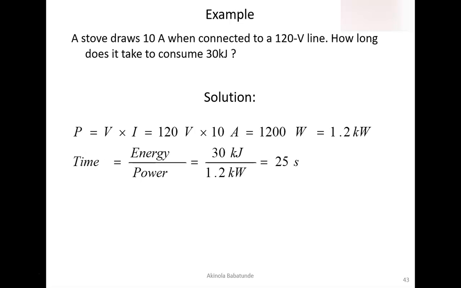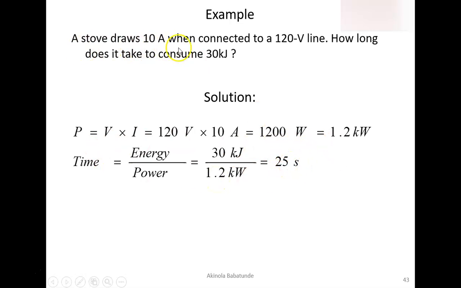So we can also say that 1 joule will be equal to 1 watt times seconds. So since we have 30 kilojoules here, these joules can be replaced with watt seconds. So we can have 30 kilowatt seconds. Kilowatts will cancel kilowatt, and then you are left with just seconds. So 30 over 1.2 is 25, and then the time will just be equal to 25 seconds.